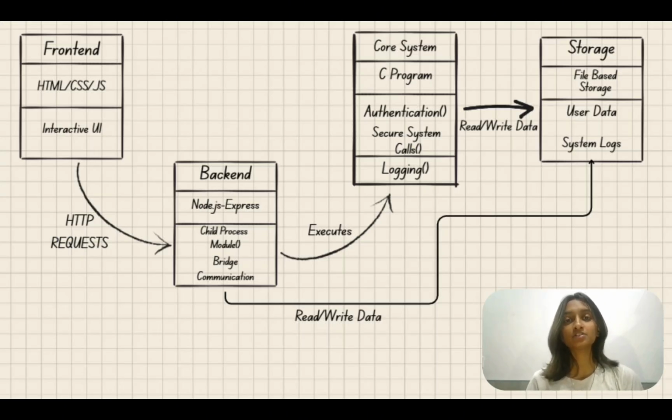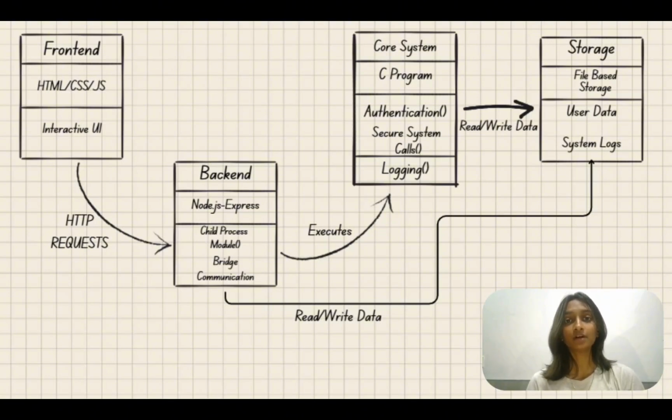Now I shall explain the technologies used in our project and how they work together. The system is built using a multi-layer architecture, combining the front-end, back-end, and system-level programming. For the core system, we use C programming, where modules like authentication, secure system calls, and login are implemented. For the backend, we use Node.js with Express, which acts as a bridge between the front-end and the C programs.